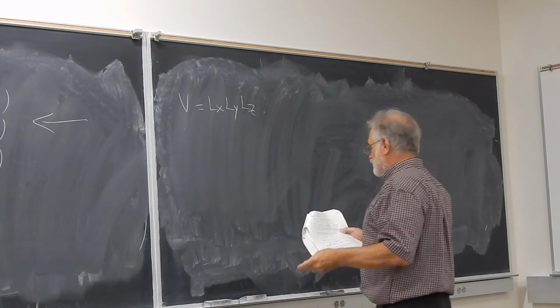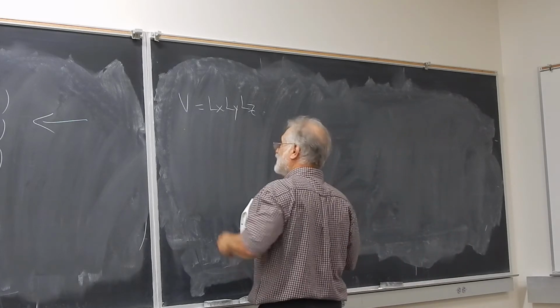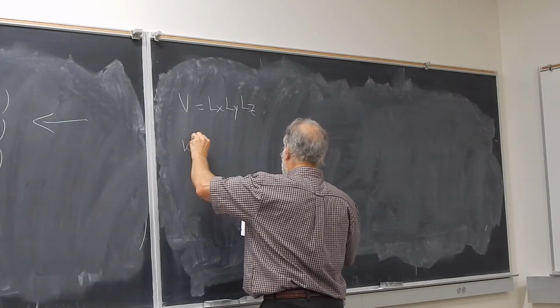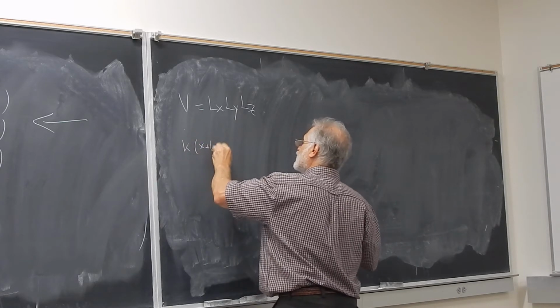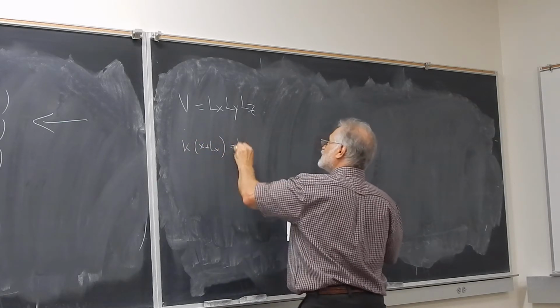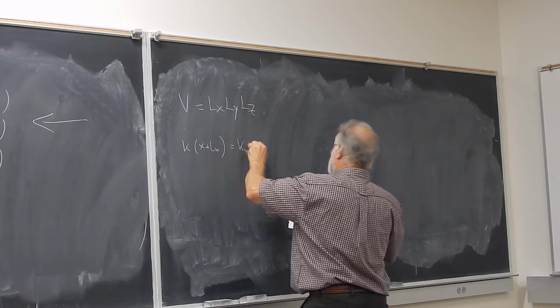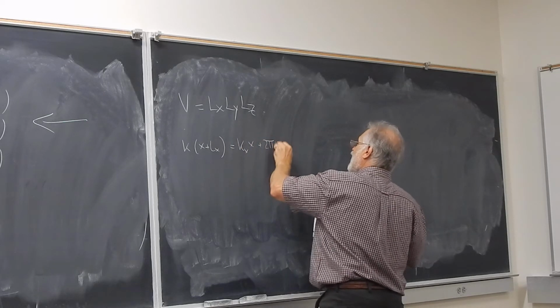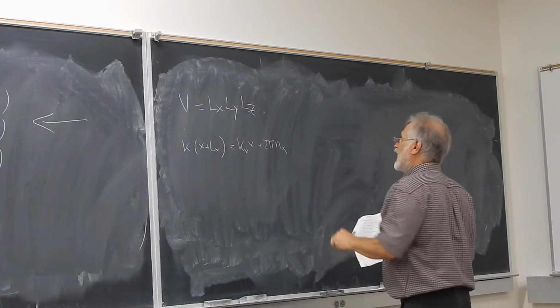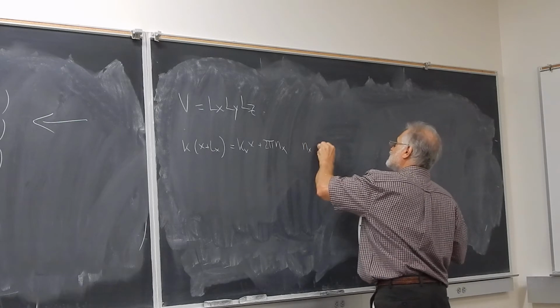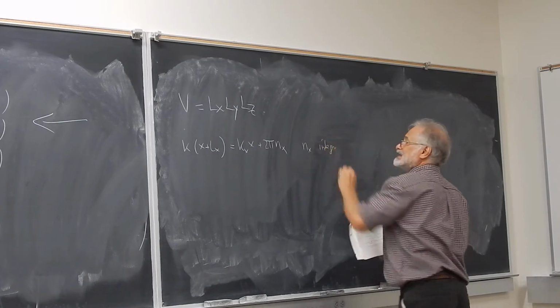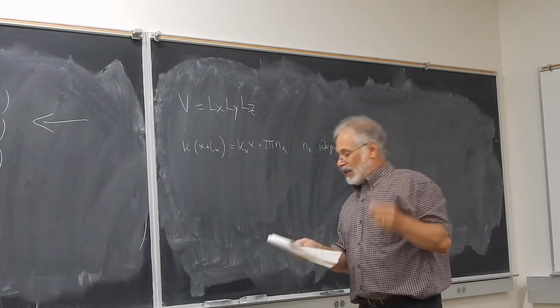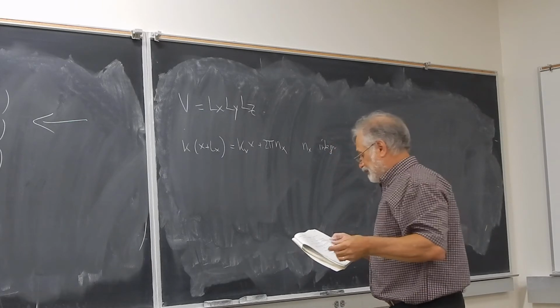In order for that to be true, though, the following has to be the case. κx(x plus Lx) must be equal to κx times x plus 2π nx, where nx is some integer. And of course, the same has to be the case for Ly and for Lz.